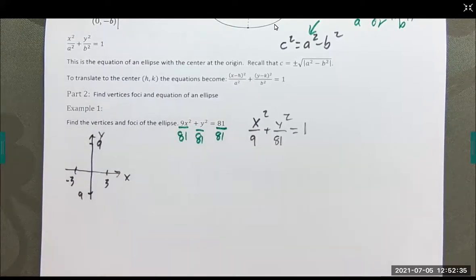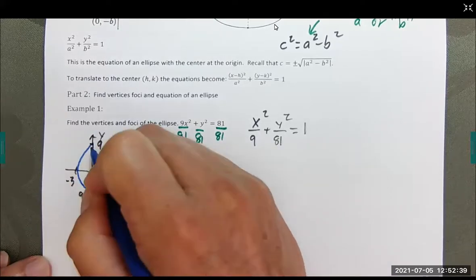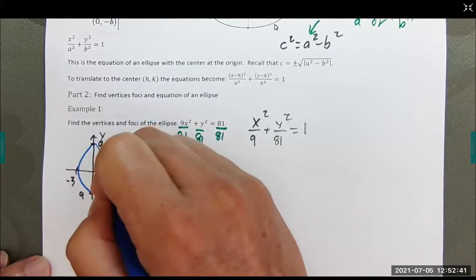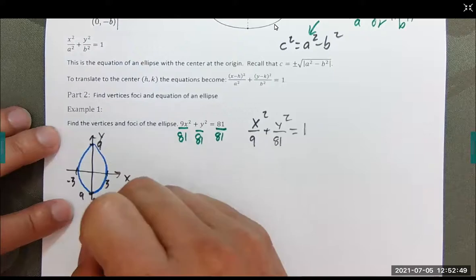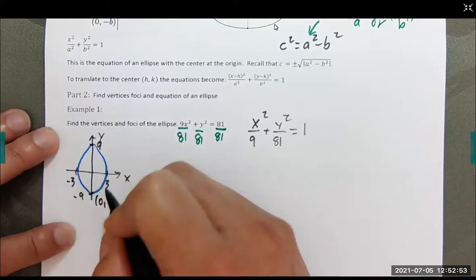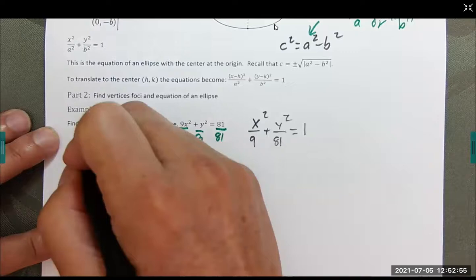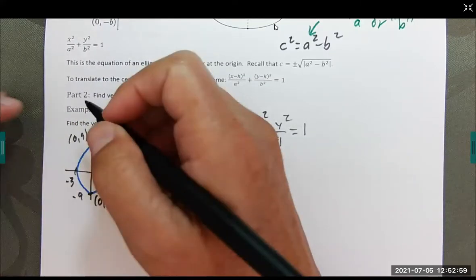So the graph would look something like this. So we know that the vertices are going to be down here, 0, -9. Here we're at 0, 9. So that answers the first part of the foci.